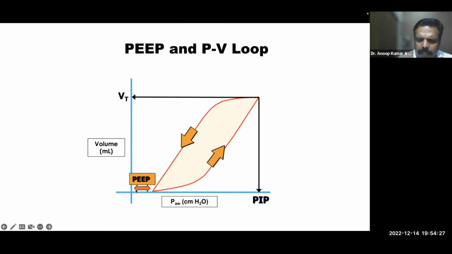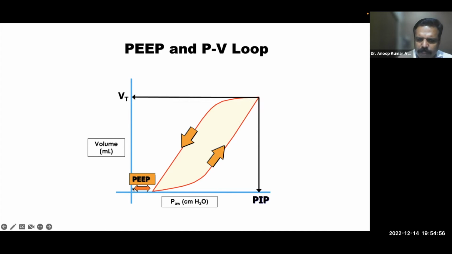We are applying a PEEP, positive end expiratory pressure, so that there will always be a pressure inside the alveoli, or we are applying the pressure to keep the alveoli open. Once you apply the pressure and keep the alveoli open, what are you expecting? Your compliance should improve. In the coming slide, we'll explain how the compliance can be interpreted by looking at the PV loop.